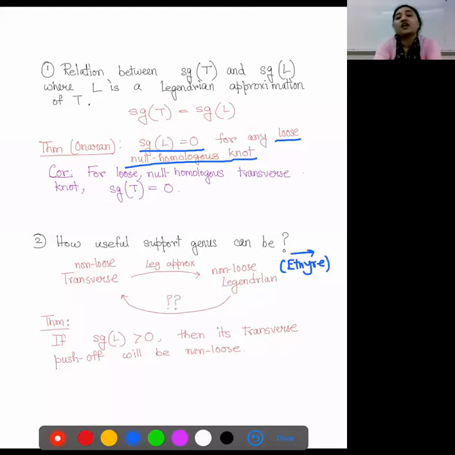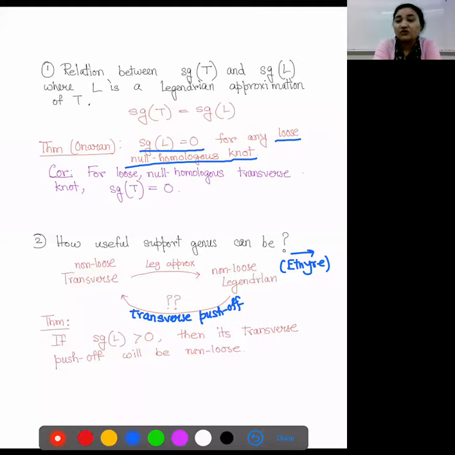On the other hand, if we start with a non-loose Legendrian knot and we do this transverse push-up operation like I mentioned before, the result is a transverse knot, of course, but it might not be non-loose. An example is the unknot.